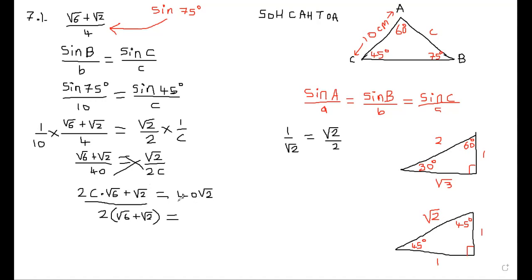So dividing, you will find that this will cancel, and then we have c is equal to 20 root 2 over root 6 plus root 2.